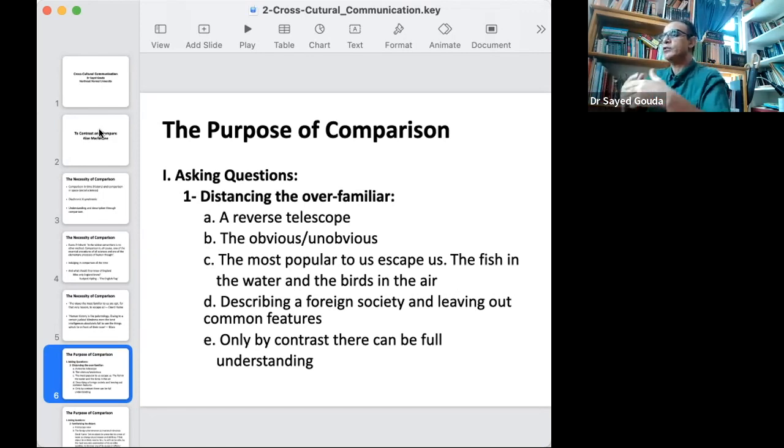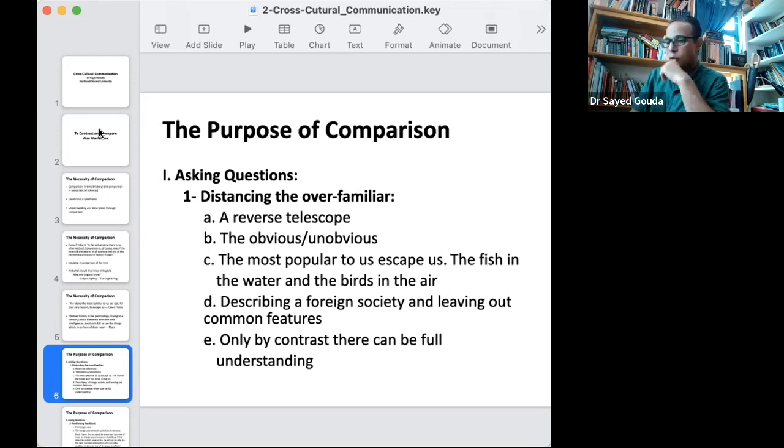But here we need to use this technique, the reverse telescope, to look at the familiar, the over-familiar habits, thoughts, things, from a distance. We look at what we do as though we are strangers to ourselves, with foreign eyes. In other words, we turn the obvious into the unobvious.